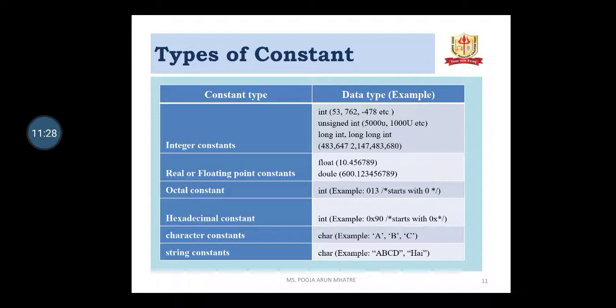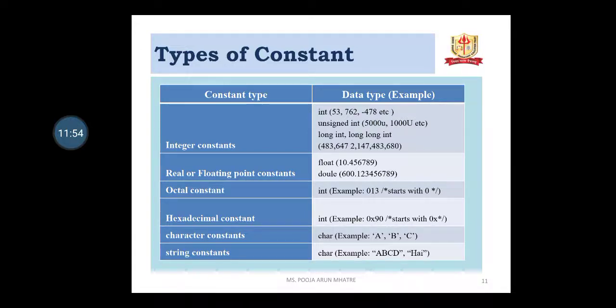Then hexadecimal constant, for example, integer example is 0x90. It starts with 0x, and the octal constant starts with 0 only.